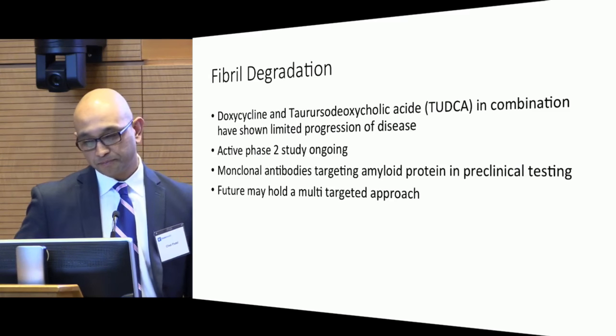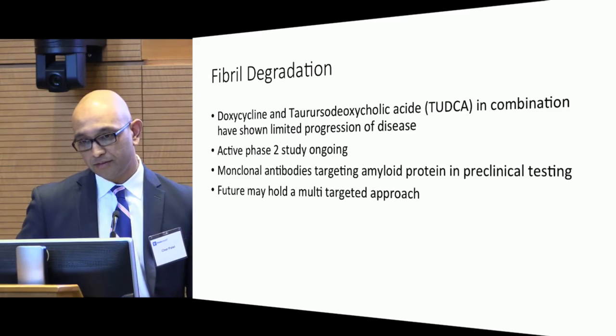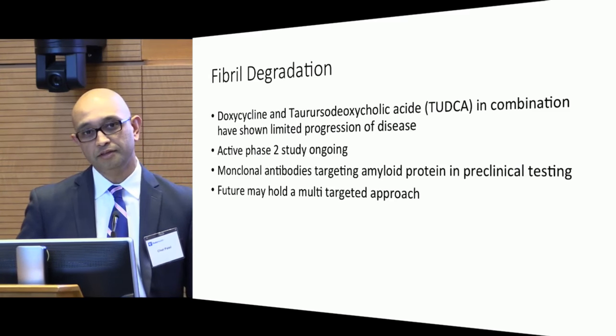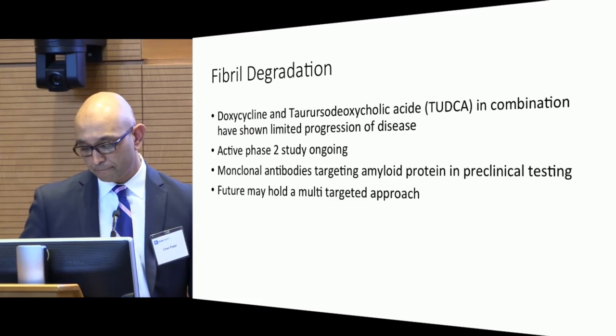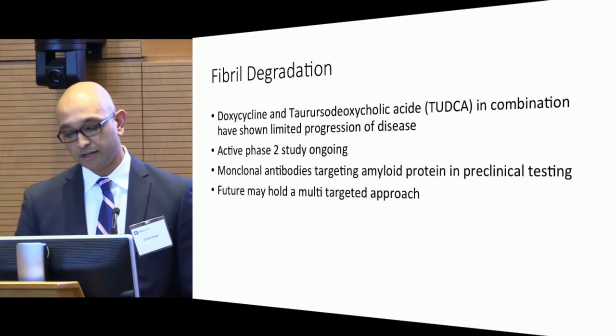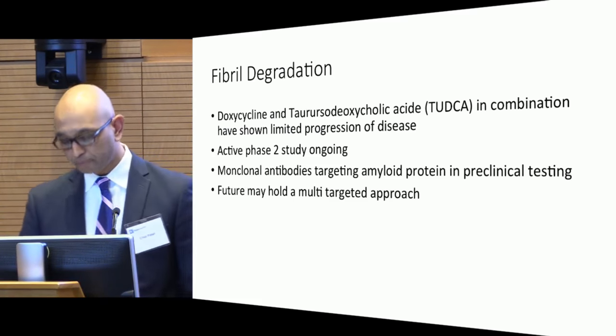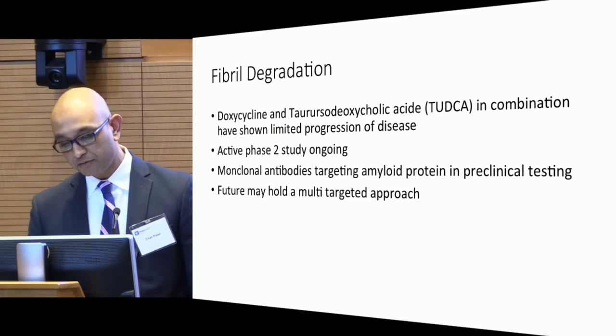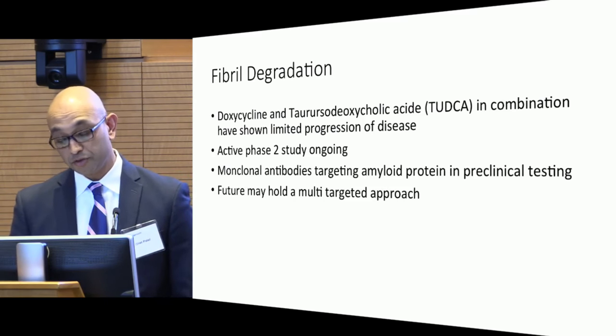The last step is degradation of the fibrils. So removal of the deposited TTR from the organs that are affected. In the past, agents such as doxycycline and TUDCA, in combination, have been shown to limit the progression of disease, and there's an active phase 2 study ongoing.